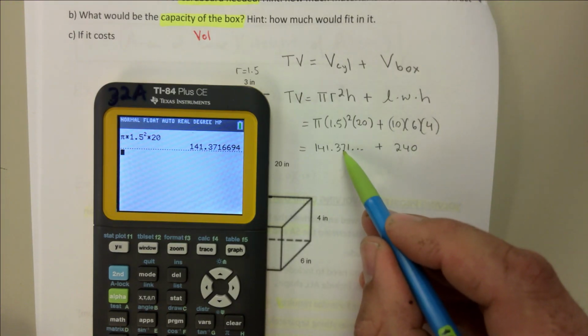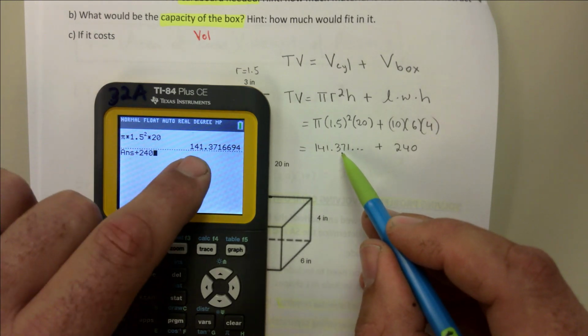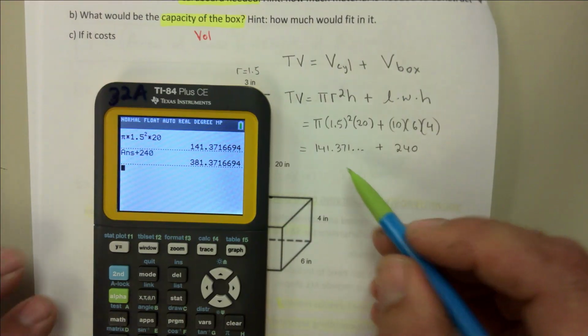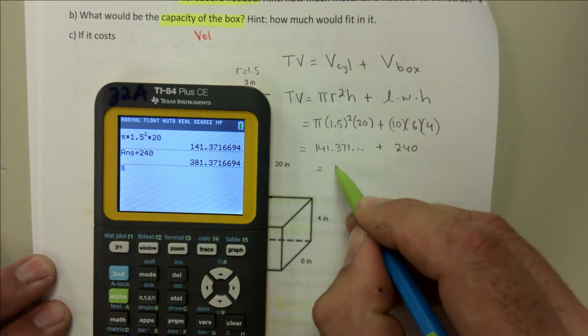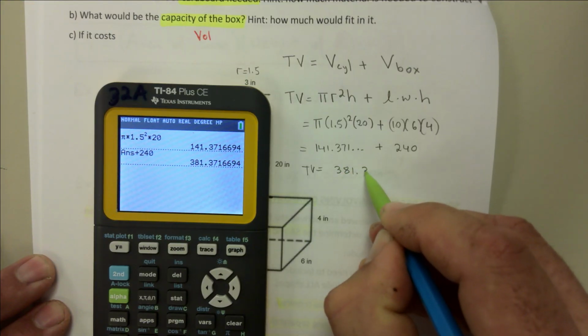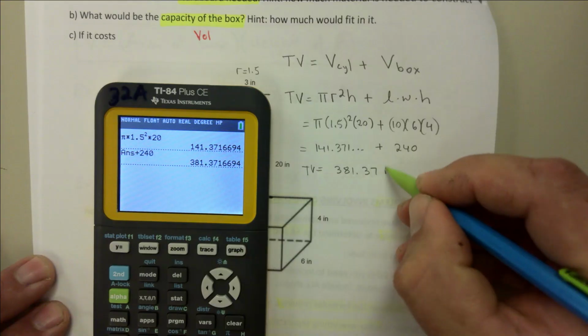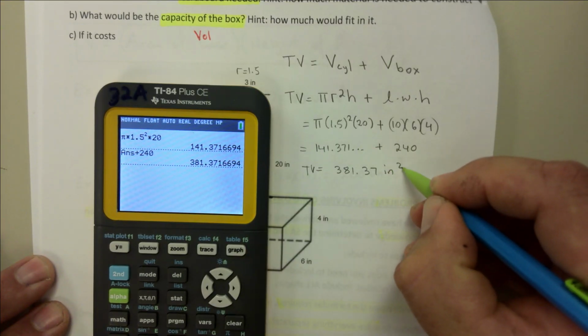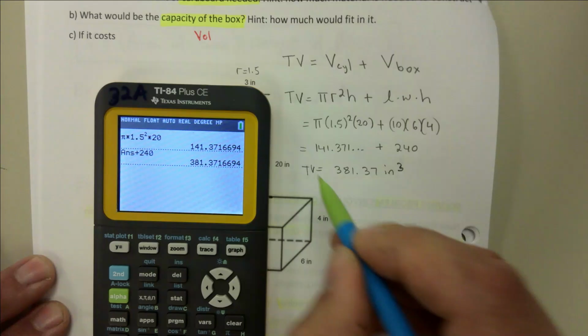And so basically I just need to add, you can just go plus 240, it will take your previous answer and add 240 to it, and here it is. Total volume is 381.37 cubic inches.